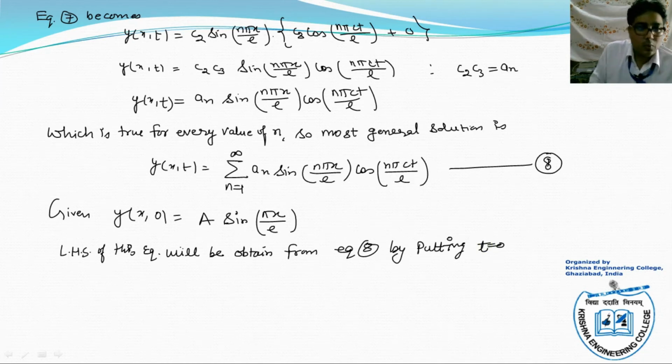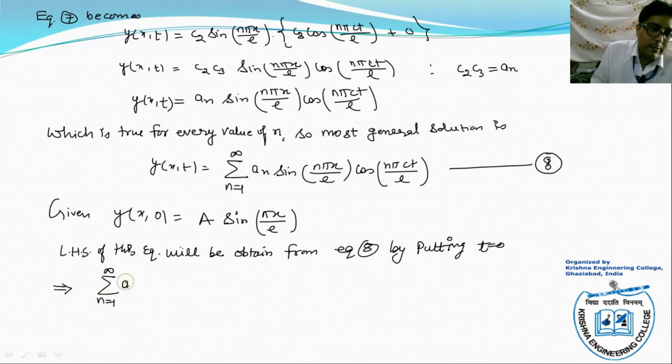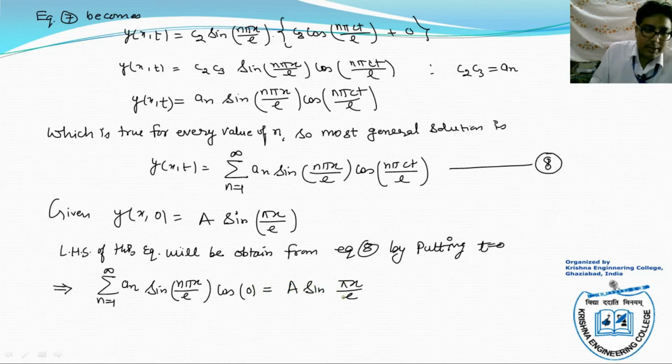Clear? So y(x, 0) becomes summation n is equal to 1 to infinity a_n, replace t by 0, so a_n sin(n pi x by l) into cos 0, is equal to a sin(pi x by l).